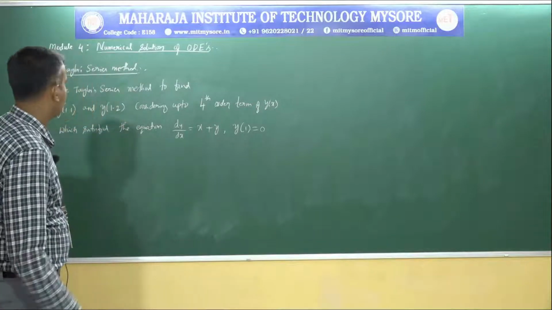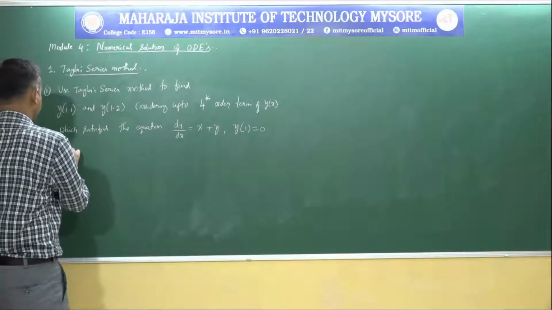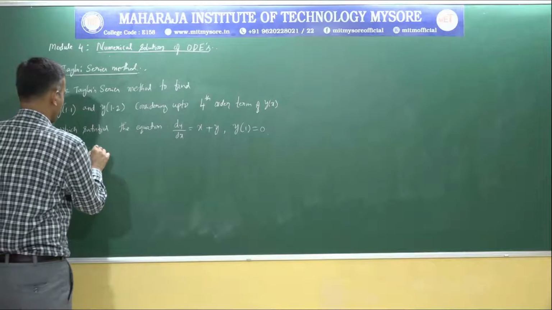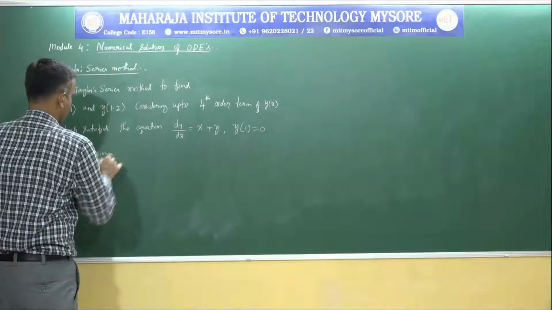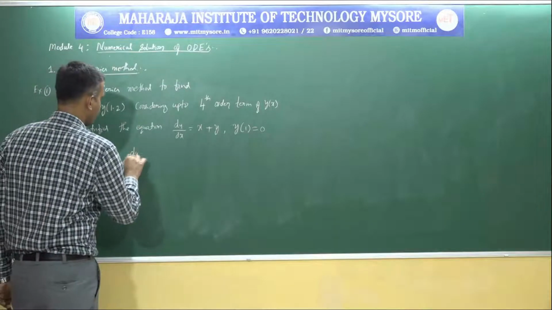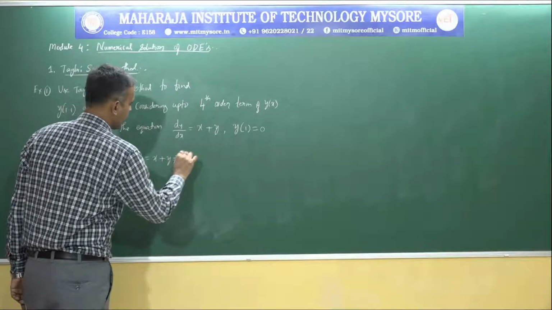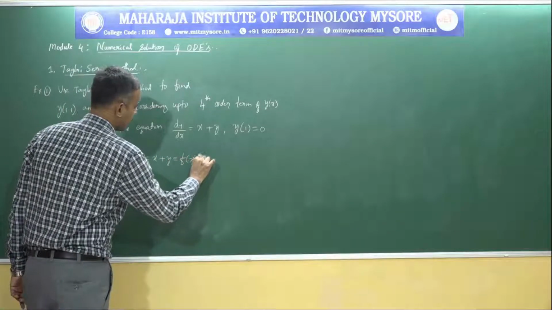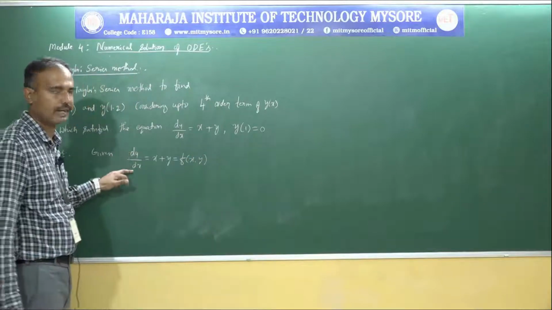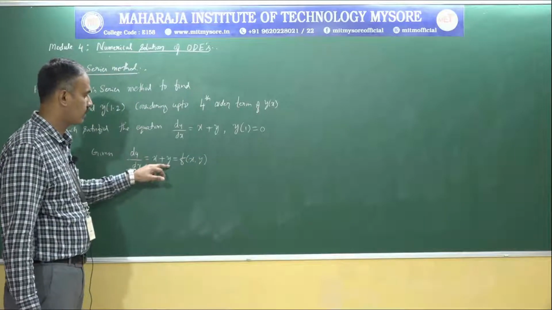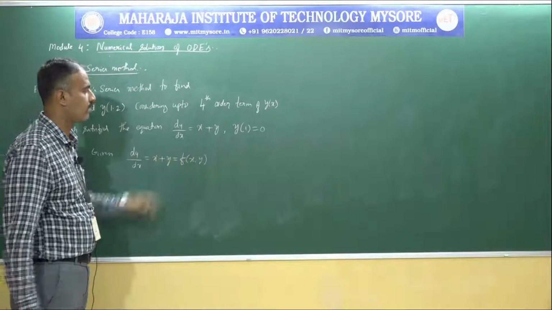Here, given dy by dx equal to x plus y, assign the function f of x comma y. Given dy by dx it's equal to x plus y, it's equal to f of x comma y.